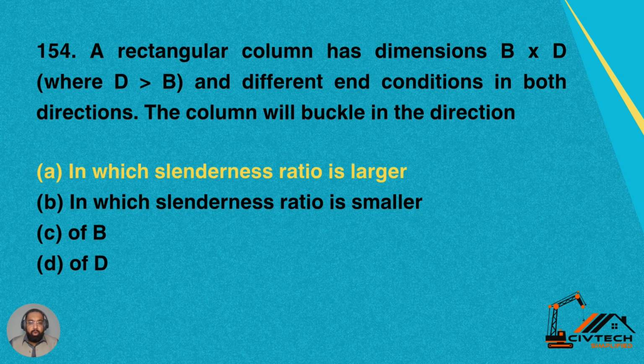Question 154. A rectangular column has dimensions B into D, where D is greater than B, and different end conditions are applied in both directions.